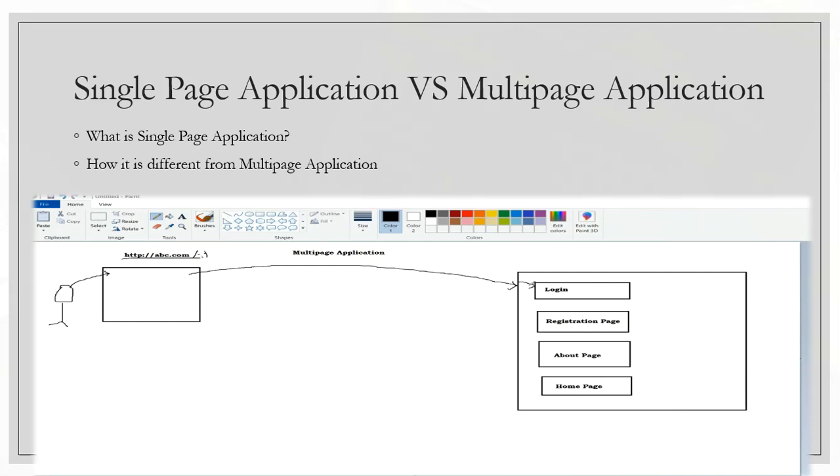As we are just expecting the login page, it loads the login page, and the server sends a response to the browser with the login page, which is rendered here. It might be any page: the registration page, about us page, or home page.